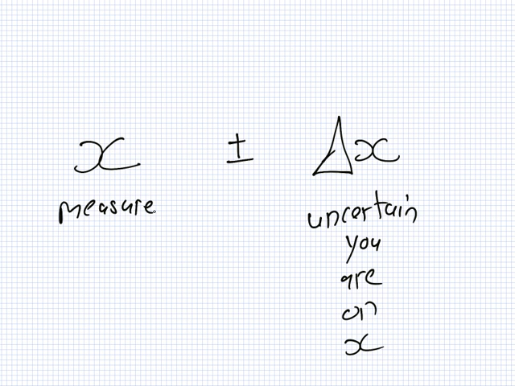Now, can you all listen? This is the most important thing about the labs. We're going to be doing 4 hours of preparation, 4 hours of labs, and then 4 hours of writing about the labs. In those 12 hours, if you only learn one thing, it's this. I want you to know that in physics, when you have a measurement, unless you have the uncertainty with the measurement, it's useless.